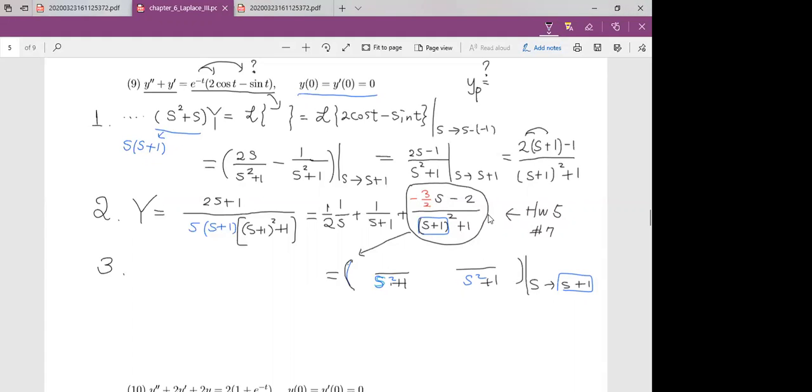Again, look at this expression inside the big bubble. We want to read this as a translated version, s squared plus 1, s squared plus 1, where s is replaced by s plus 1. Good. We need to find these numerators carefully. So what we want is, let me write this denominator (s plus 1) squared.